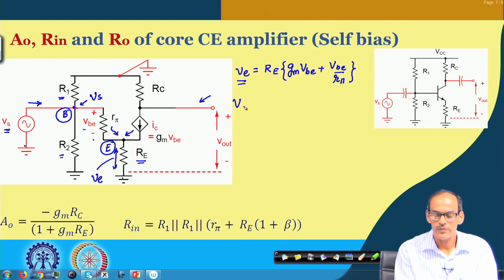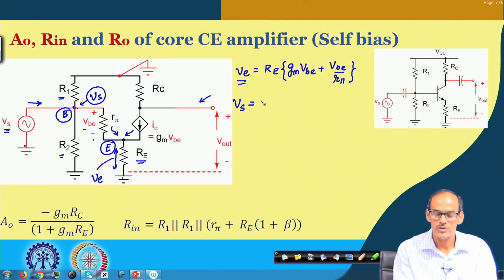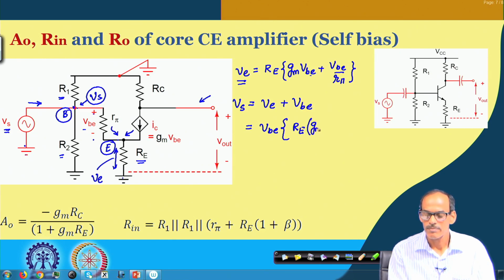On the other hand, the Vs, the total voltage here, equals VE plus VBE. So, we can say that this Vs equals, now we do have VBE here, and we can take it out. So, we do have RE multiplied by gm plus 1 by r pi, plus 1.